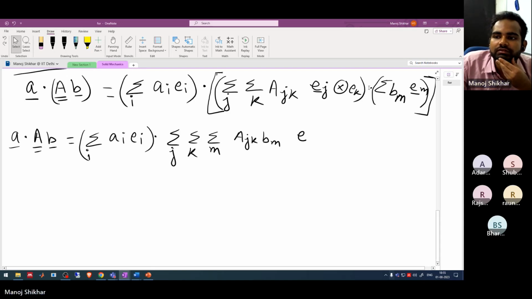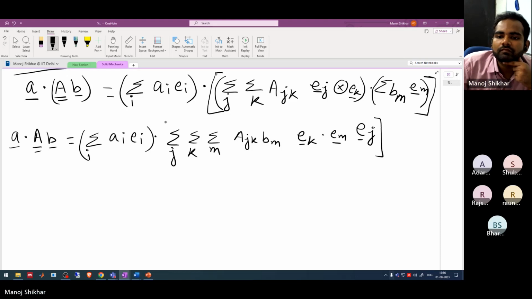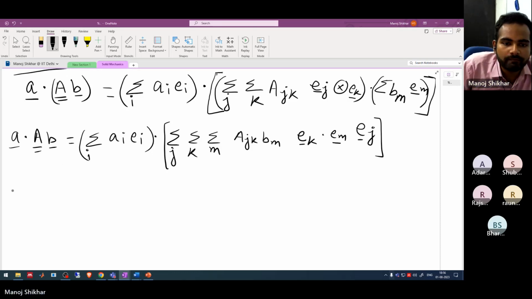When you do this inner product, this e_k will get dotted with e_m. So you will write it as e_k dot e_m, and then we will have one free index e_j. So finally, this gives us a vector. You can see we have only one free index e_j. And there is one dot product here.